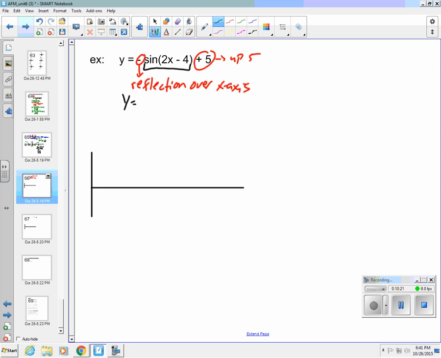So rewrite this as a negative sign, and we're going to factor that 2 out in front of the x. So it'll be x minus 2 now, plus 5. Now we can tell our phase shift is going to be right 2, and then our frequency is going to be 2, which means the period will be 180.